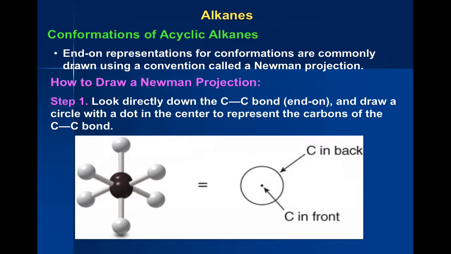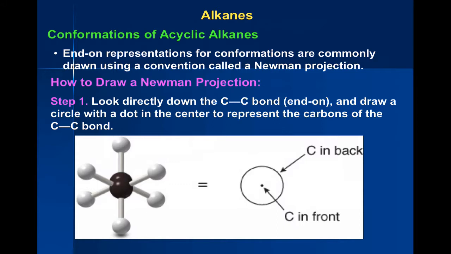Okay? Notice it goes through the circle. That does not mean that it's also bound to the back carbon, right? How do I draw what's attached to the back carbon? That's what I have there, right?